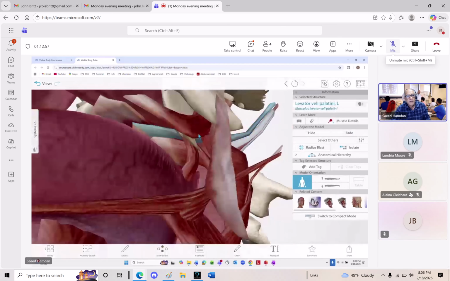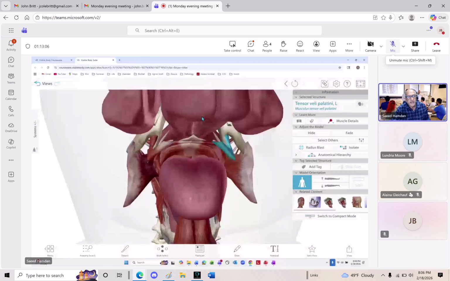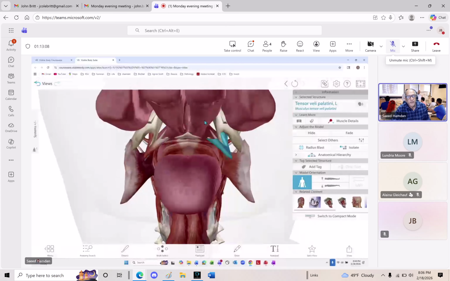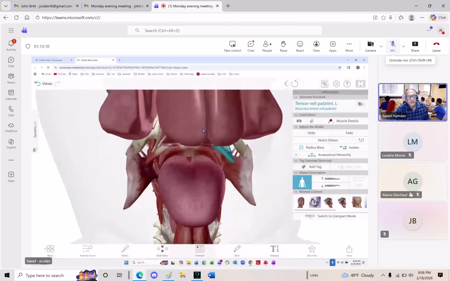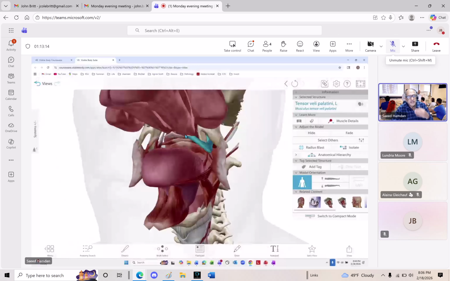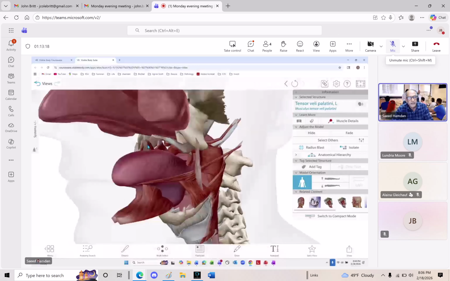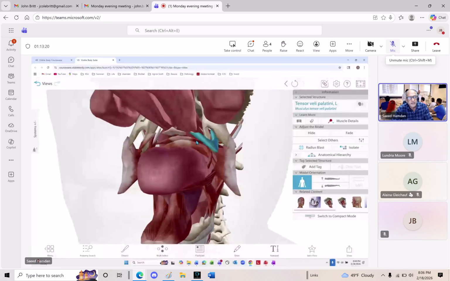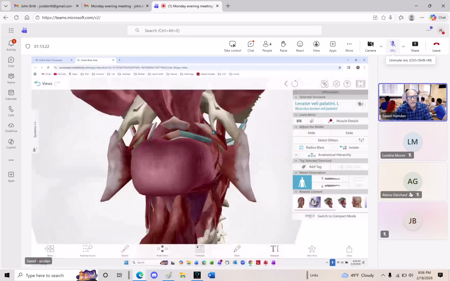Tensor right there. So you have the levator and the tensor. Because you don't see this part right here, which is hidden from you. This is basically the roof of the mouth. Okay, this is the roof. This is where the nose is. So this is the part that tenses the palate. This is the tensor veli palatini. This is the one that elevates it, levator veli palatini.